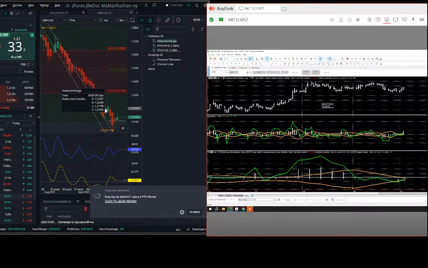Market Technicians Association claims that it's a lagging indicator, but when you use a fast stochastic against a slow stochastic, like we do on J4X, you can see that it's much more efficient than a MACD or a parabolic, things like that.